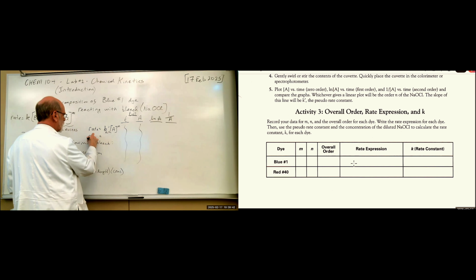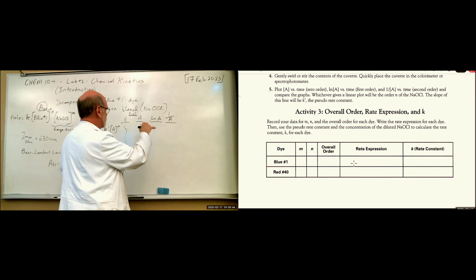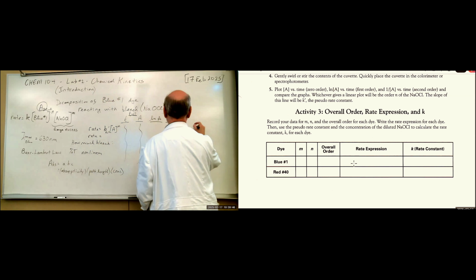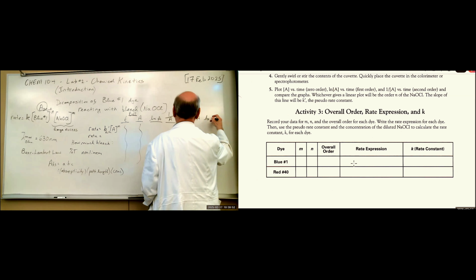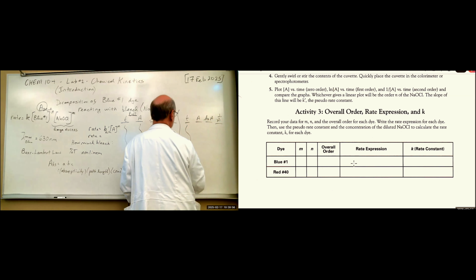And we're also going to do another experiment with half strength. Like time against A, log A, and 1 over A. All right, we're going to have this one for full strength, for half strength.